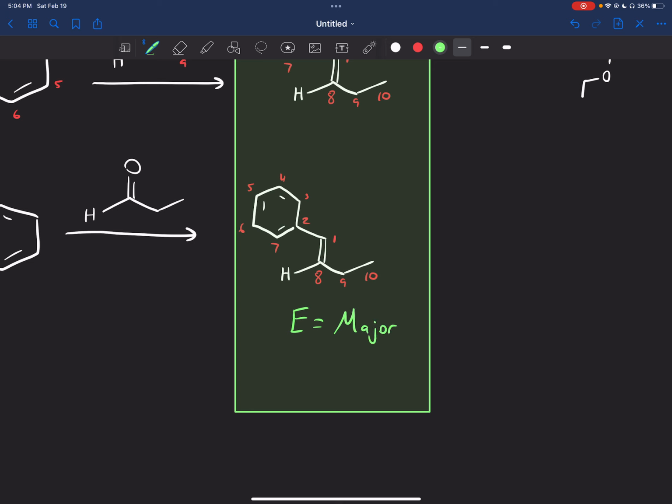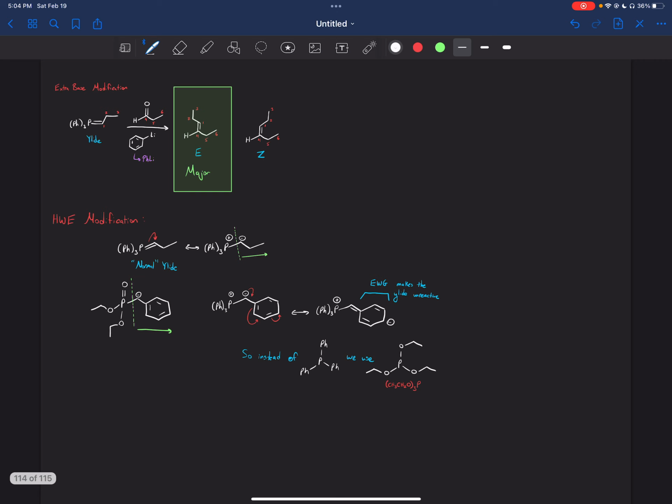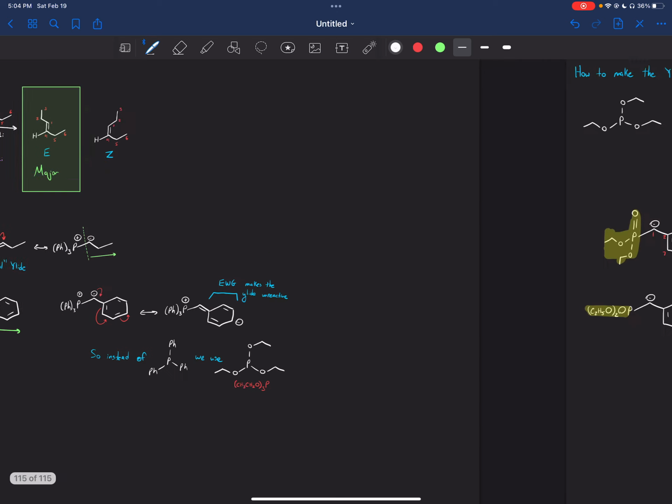All right. Now the very last reaction, before we just go and write out our summary, still plays off of this HWE modification. We're still using a resonance stabilized ylide, which means an ylide that's got some sort of electron withdrawing group.